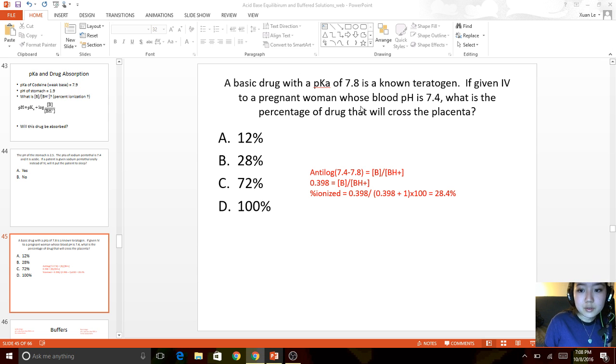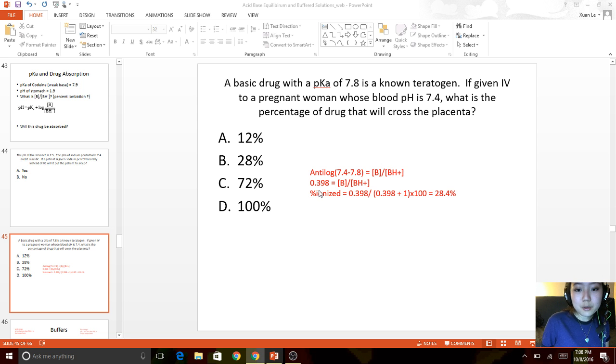Okay, so for this one, it's wanting us to get the percentage of the drug that will cross the placenta. Remember that the drug that passes through the membrane is going to be unionized, and so what we're going to do is take the anti-log of the pH minus the pKa, and then that's going to give us the ratio of unionized over the ionized form of the base.